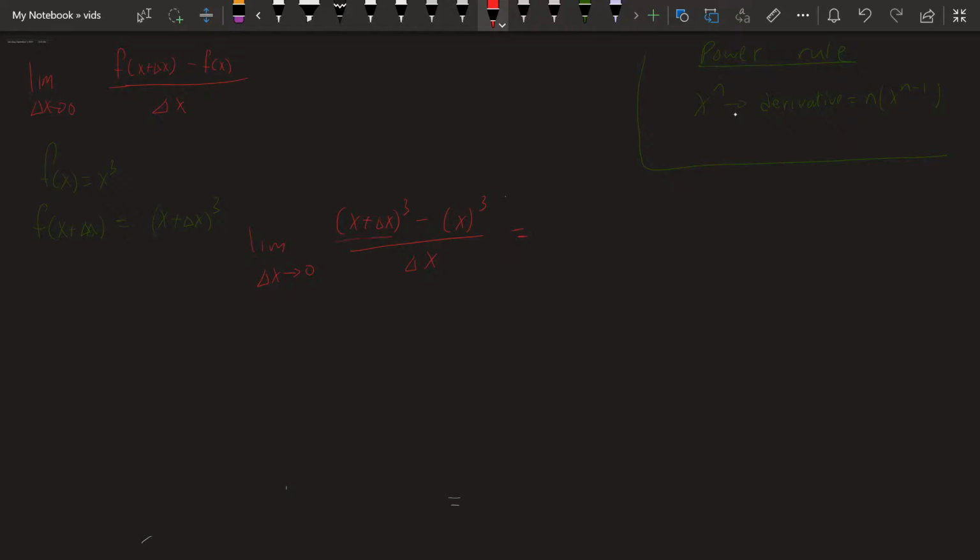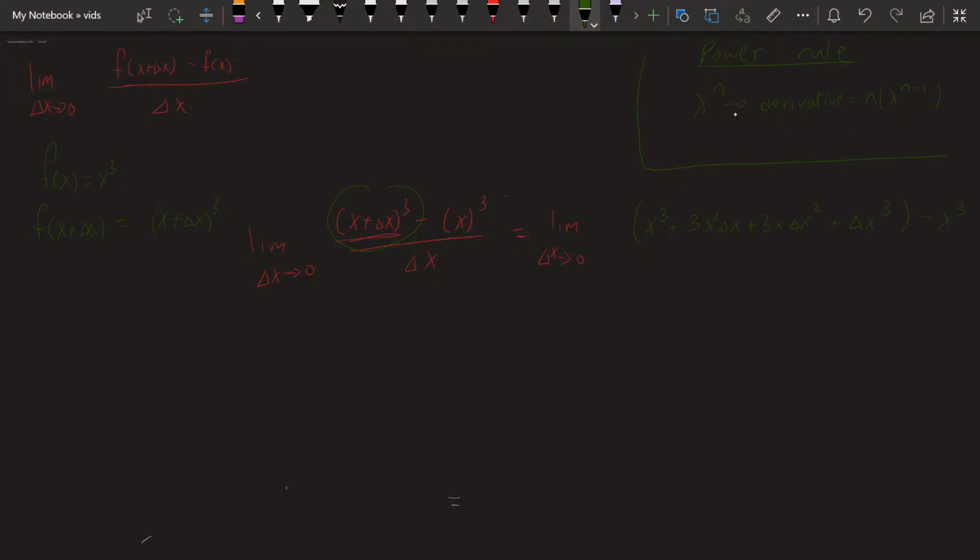We can expand this. Remember the binomial theorem? I showed you a video earlier, not today, but on the YouTube channel. And let's expand this out. It's going to be x cubed plus 3x squared delta x plus 3x delta x squared plus delta x cubed, right?